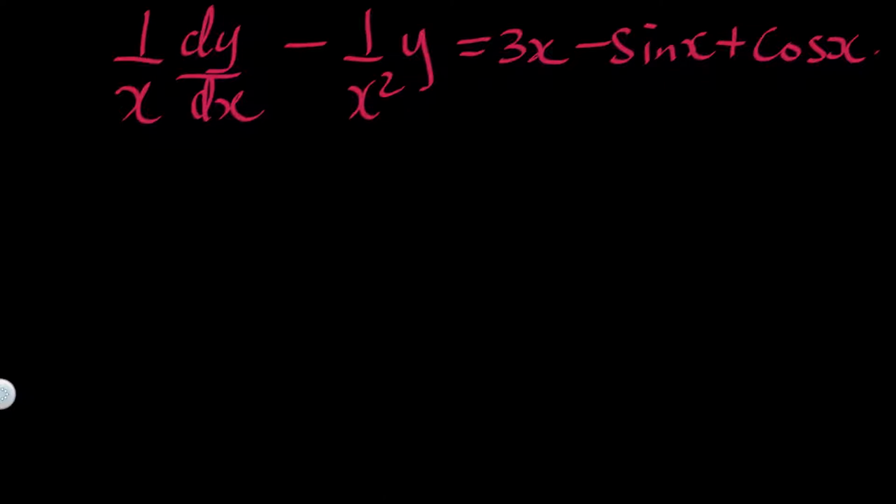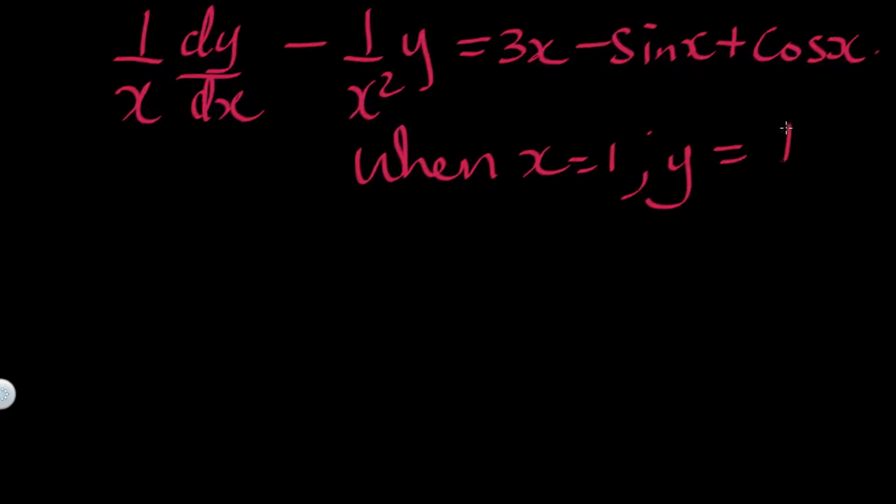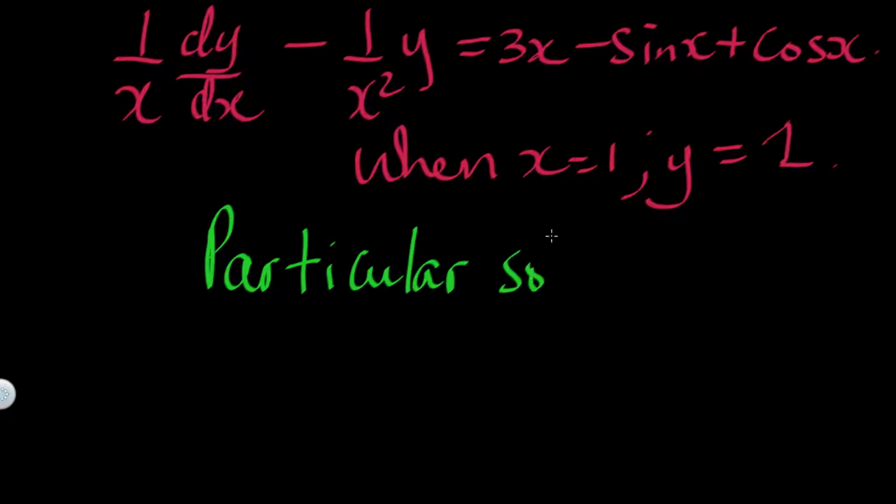We are also given some values of x and y. They said when x equals 1, y equals 1. There is a reason they gave us these values, because they want us to find what we call a particular solution. There are times that we are required to find what we call a general solution.